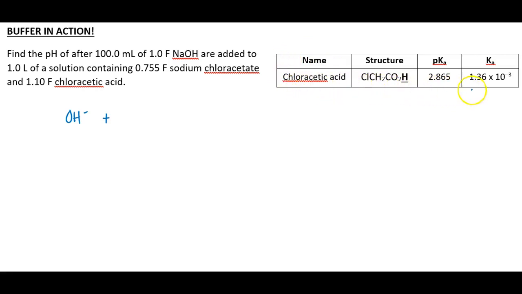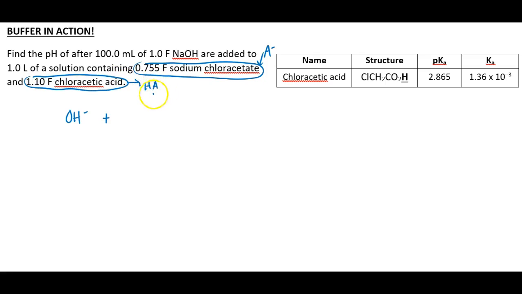Here's also some important information that would be provided to you from the appendix in your Harris text. So our buffer is a buffer containing sodium chloroacetate and chloroacetic acid. I would call this solute A-, and this solute HA.